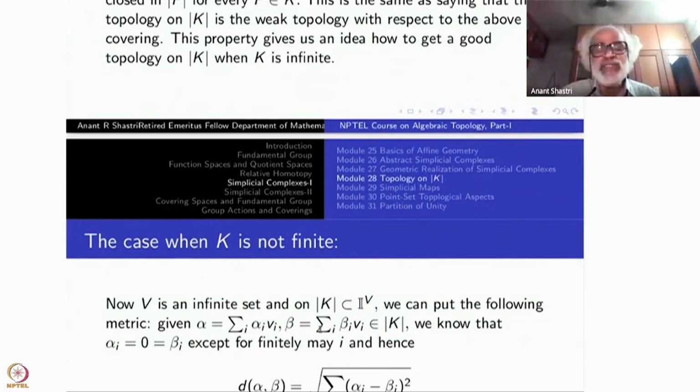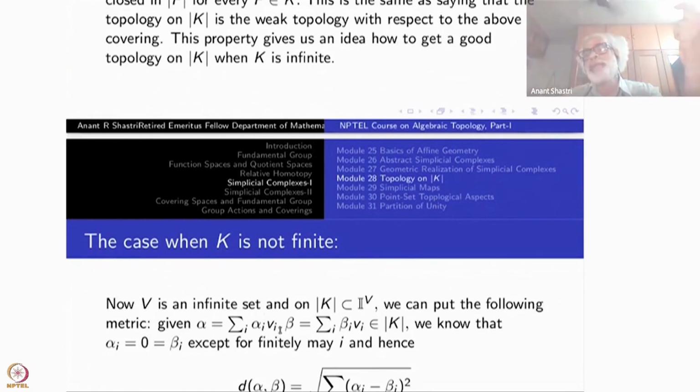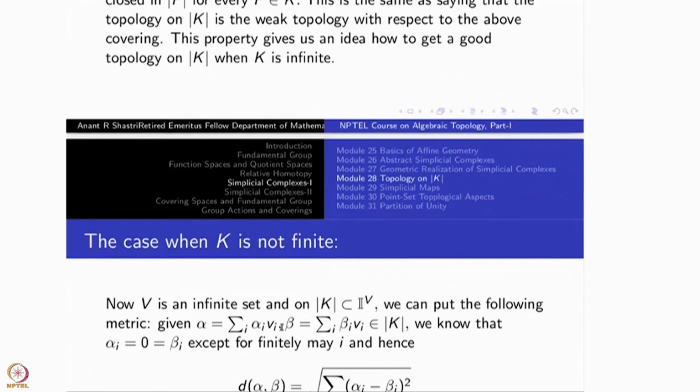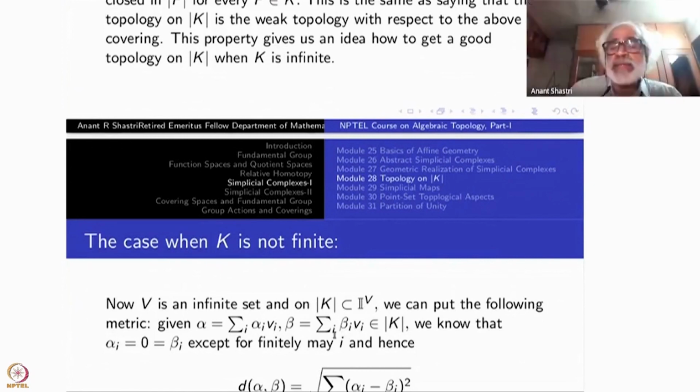Okay, so this is just a tentative notation. If you identify v_i with an element of mod K, how do you do that? It is v_i operating upon v_i is 1 and v_i operating upon v_j is 0. So that is the element. These are the standard basis elements for I raised to V. So in that sense this summation makes sense.